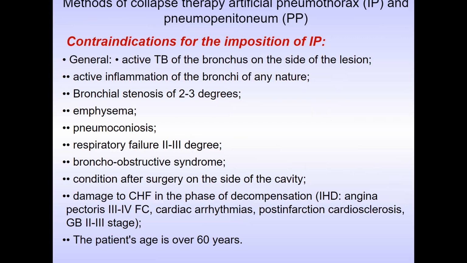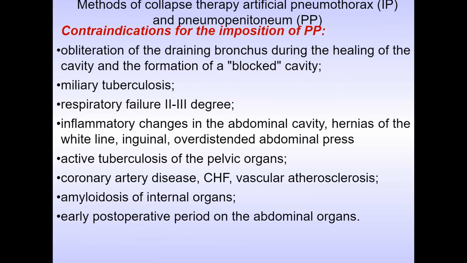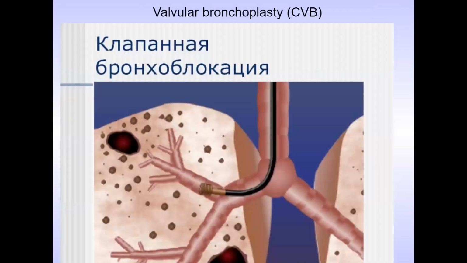You can see this picture of the contraindications of pneumoperitoneum: emphysema, pneumosclerosis, bronchial stenosis, and so on. It is also important to know that the patient's age is over 60 years. Miliary tuberculosis is a contraindication to the imposition of pneumoperitoneum, and so on. You can see this picture.